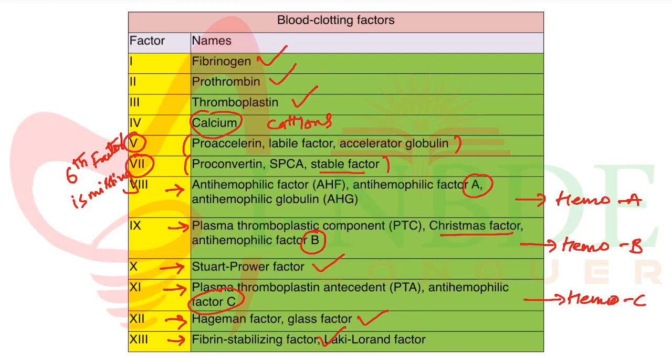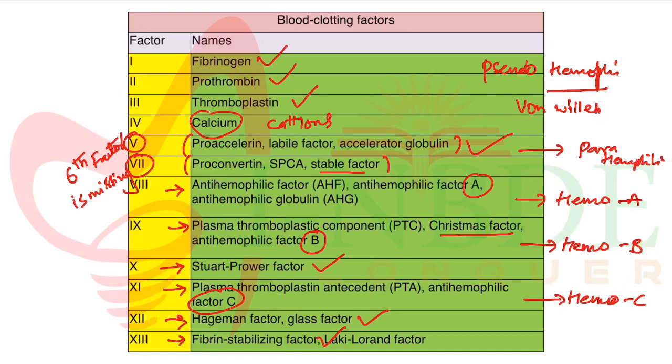There is something called parahemophilia, which is due to the deficiency of clotting factor 5. There is something called pseudohemophilia, which looks like hemophilia but is called pseudohemophilia. Pseudohemophilia is nothing but von Willebrand disease.